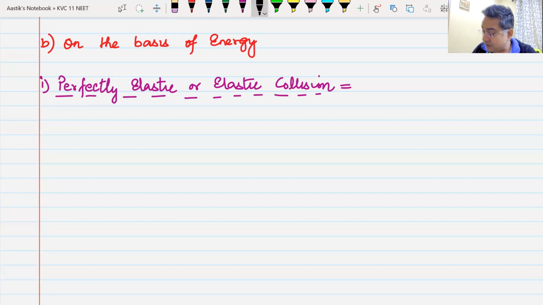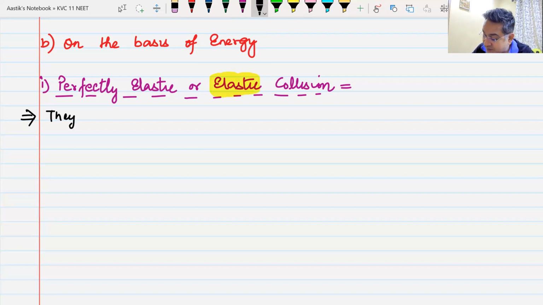Now, I will give all the points of this perfectly elastic collision point-wise, that will help you in understanding them. So, what happens in a perfectly elastic collision? The word elastic means they will regain their size and shape completely. So, that is the first point you must remember.